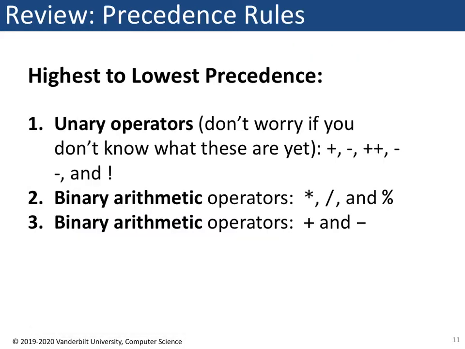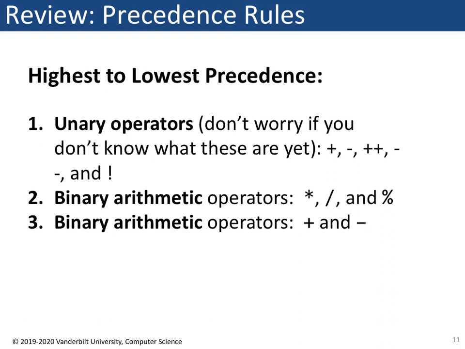So to review our operator precedence, the highest operator precedence is going to be plus, minus, plus plus, minus minus, and exclamation mark. If you don't know what some of these mean, don't worry. Following unary operators, the next highest precedence is binary arithmetic operators, specifically multiplication, division, and modulo.